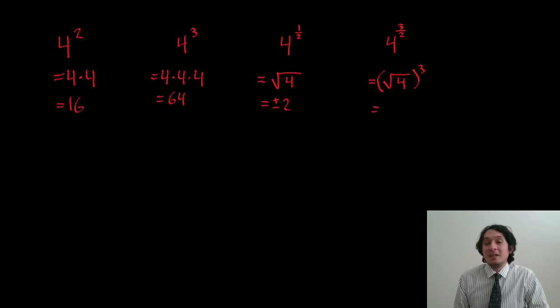And technically speaking, this can be done in any order. You can say this is 4 to the power of 3 and then find the square root of that. That being said, I think option A, the square root of 4 and then raised to the power of 3, is going to be easier. And that's simply because square roots typically will make numbers smaller, whereas powers make numbers bigger.